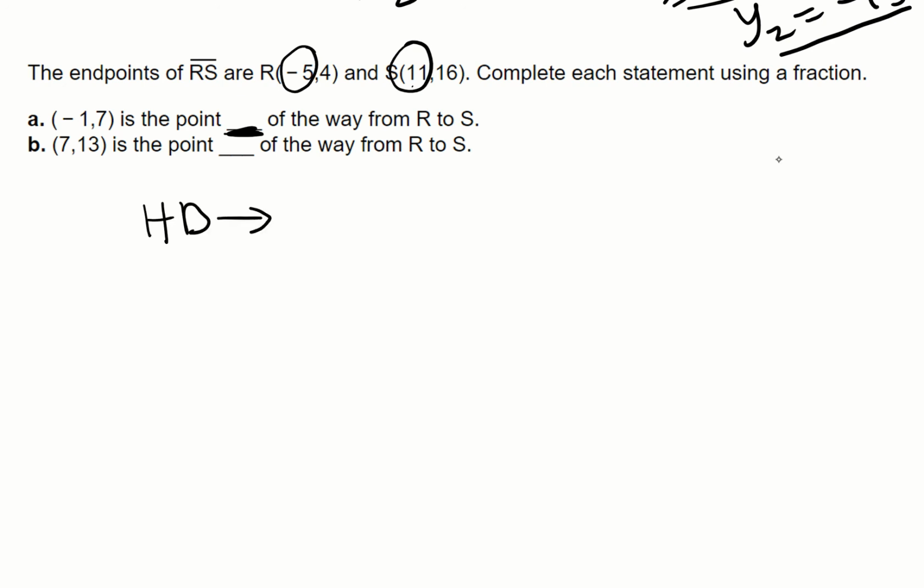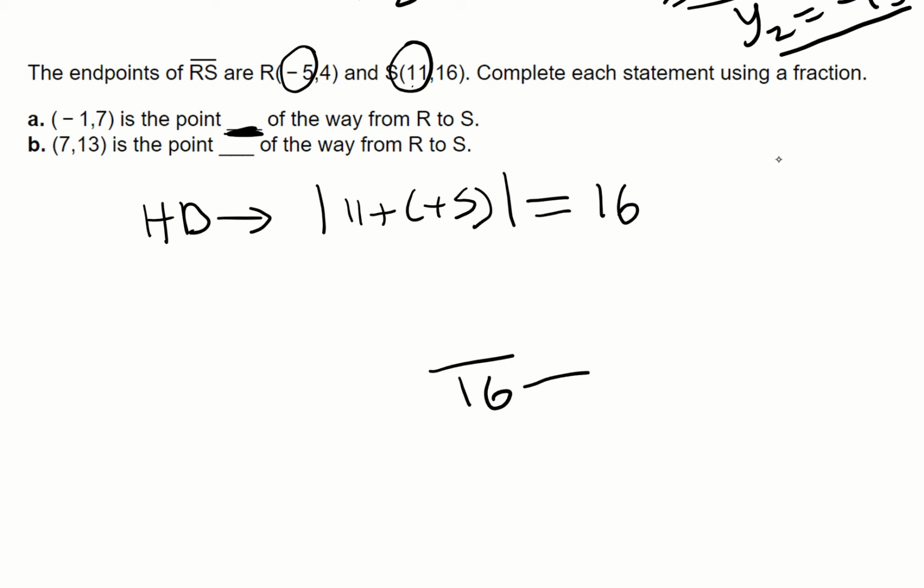So the horizontal distance is the absolute value of 11 minus -5. Remember we subtract those coordinates and then we put an absolute value. Well, a double negative is a positive. So we have 11 plus 5, that's 16. So it's 16 of the way from -5 to 11. So let's make that our denominator. The denominator has to be the total distance, right?